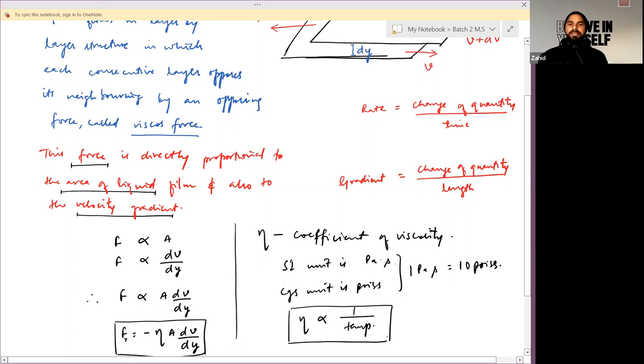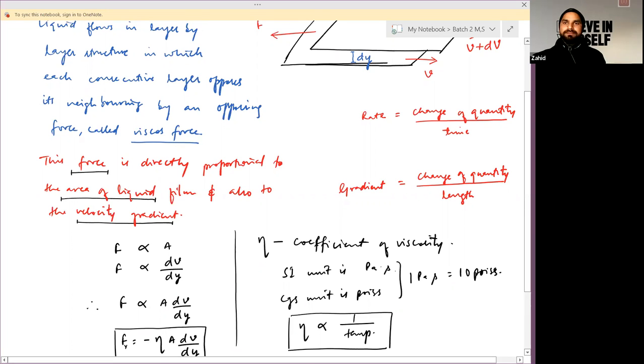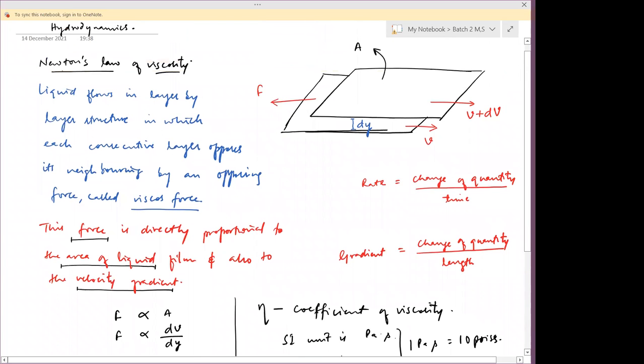Is it clear till this part? Yes, sir. Samaira, any doubt? No, sir. Okay, just write it down. Done, sir. Done, sir.